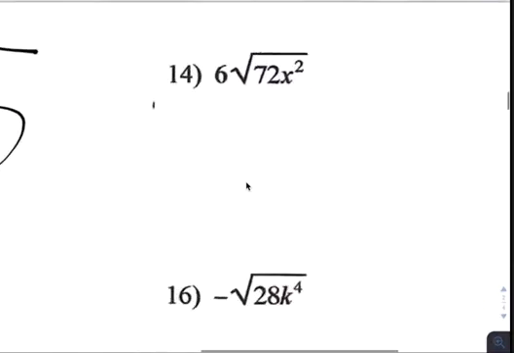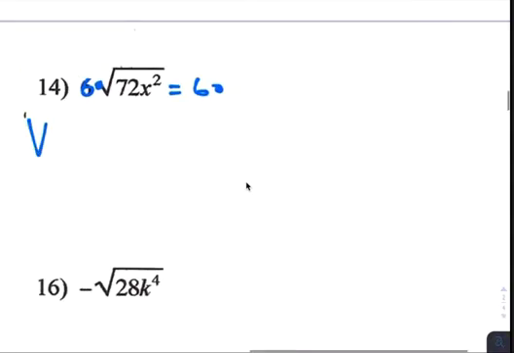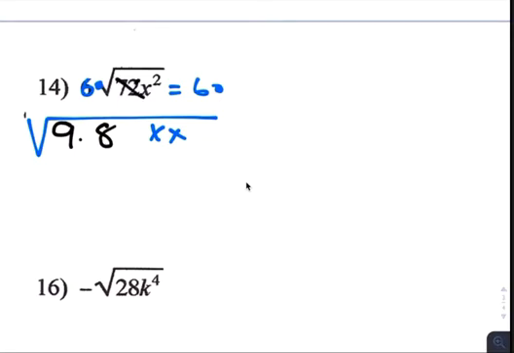Same thing here. This is 6 times whatever this answer is. Okay, so we'll x. 72 is 9 times 8. 9 is 3 times 3. 4 times 2.